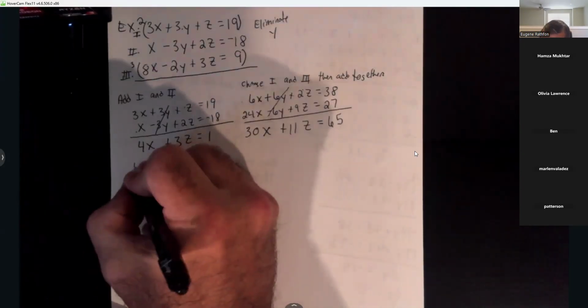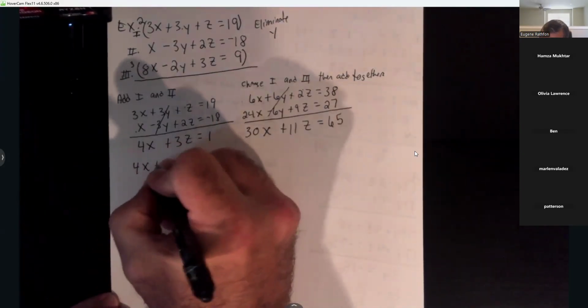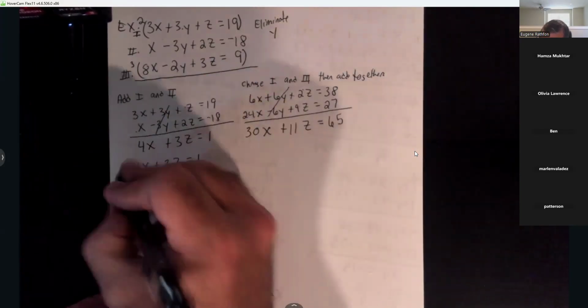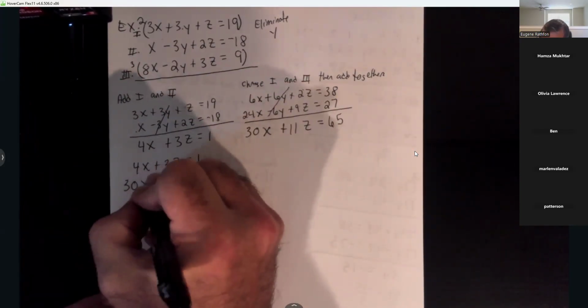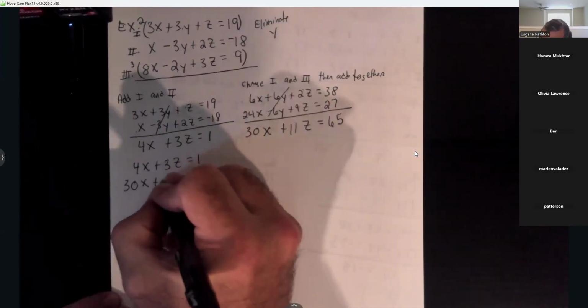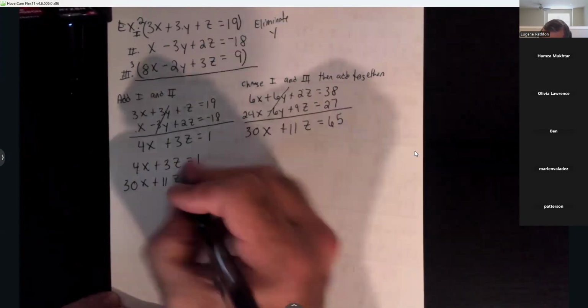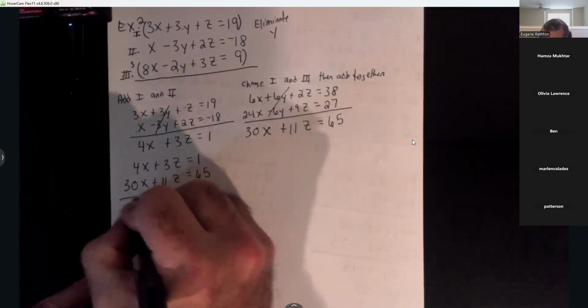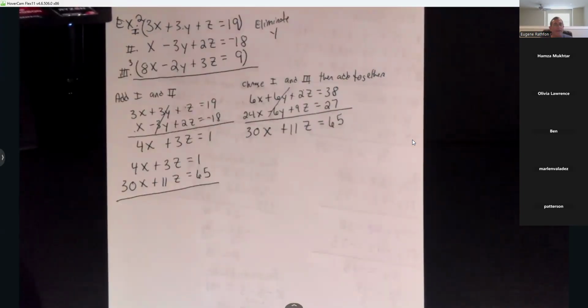All right, y'all, so let's think about it. We got a 4x plus 3z equals 1. I got 30x plus 11z equals 65. So we got a harder decision here.